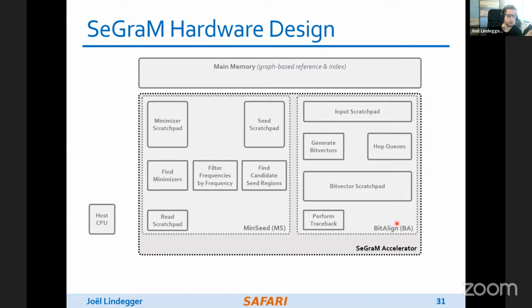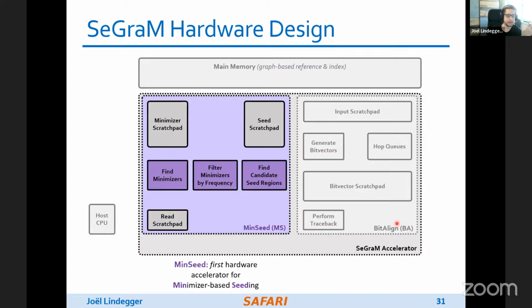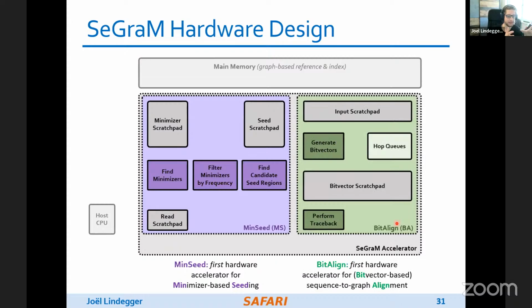So we have two components here, MinSeed and BitAlign. This is essentially the seeding accelerator and the alignment accelerator. And then we have those attached to some main memory, because we need to access the reference graph all the time and some indexes all the time. And then we have a host CPU from where we would get input reads.